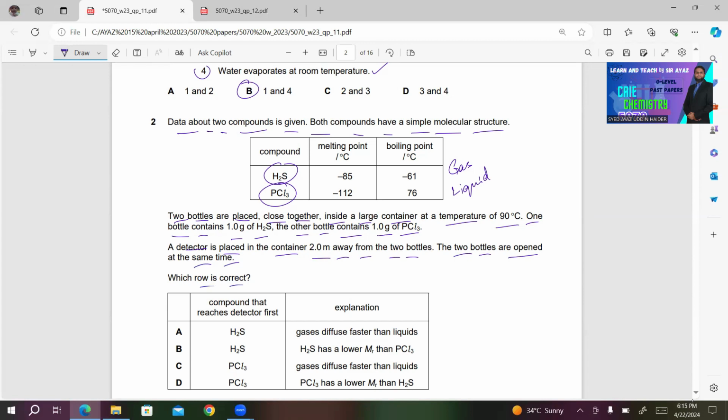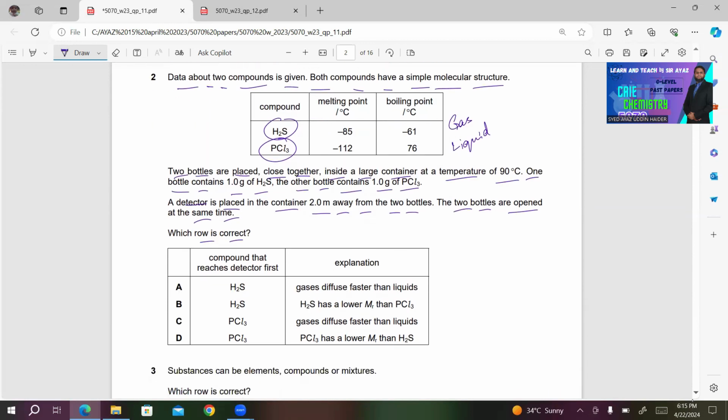Which row is correct? Compound that reaches detector first. First of all, we have to decide which of these will reach the detector first. For this, I need to work out the MR of both of these.